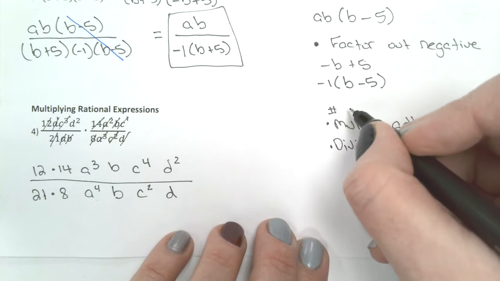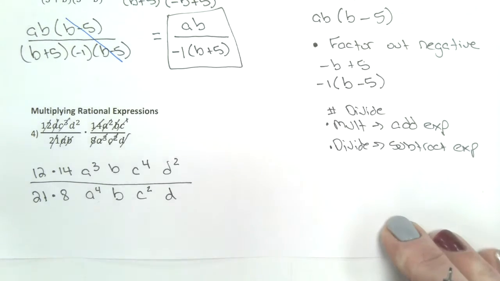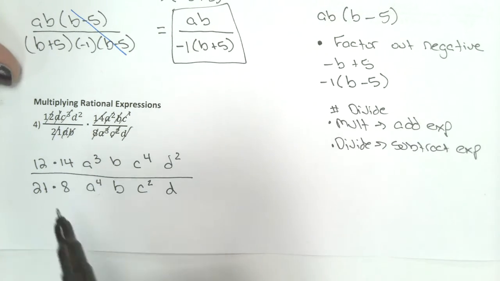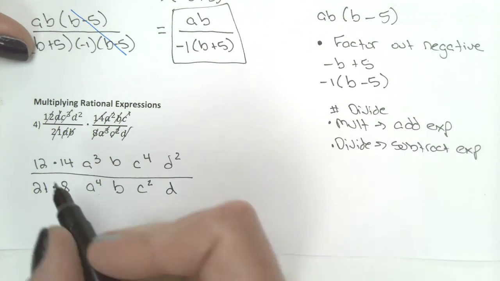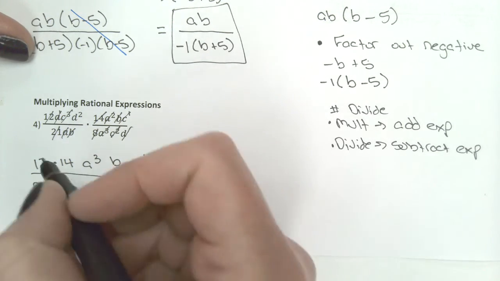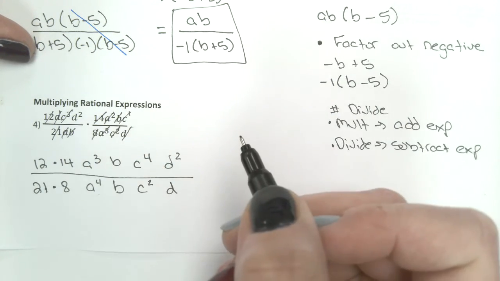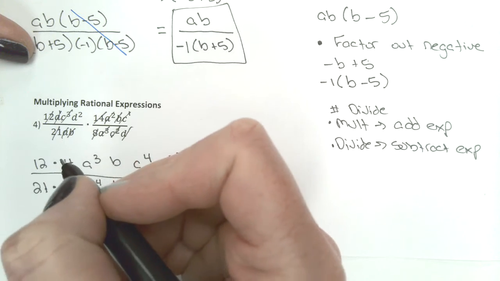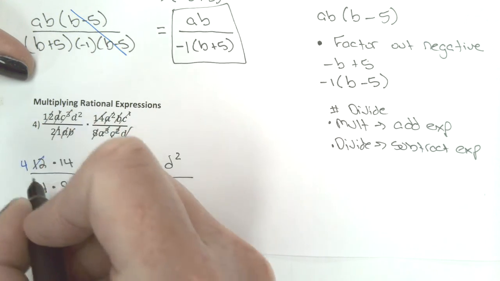Let's see, you do need to know that numbers divide as normal. You could multiply and reduce that, but I think the number gets a little big. So I just tend to reduce like this. So 12 and 21, I recognize that there's a 3 in common. So when I divide a 3 out of that, I get 4.